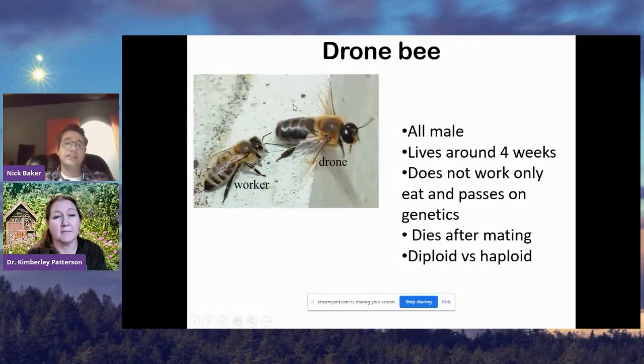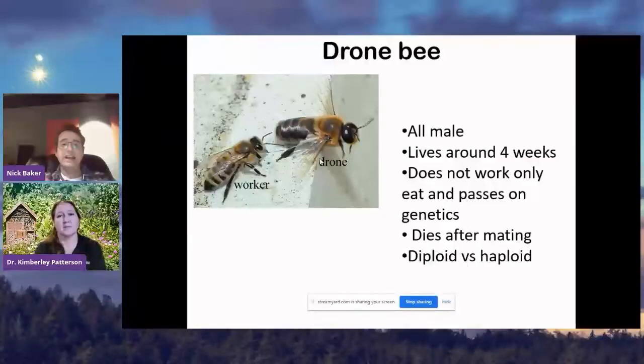Very interestingly enough, drone bees also are haploid, meaning they only have one set of chromosomes, versus the workers, which are diploid. And when I think about queens, one of the coolest things is that she can fertilize an egg if she wants to.